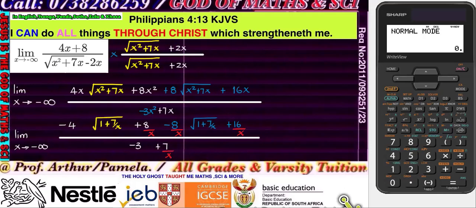Are we happy up to this point? Yes, sir. All right. So the orange portion, I'm putting 0 there under the square root. This one becomes 0. This one becomes 0, which makes this whole thing here to be 0. And also here it's 0. Can you see that? Yes.